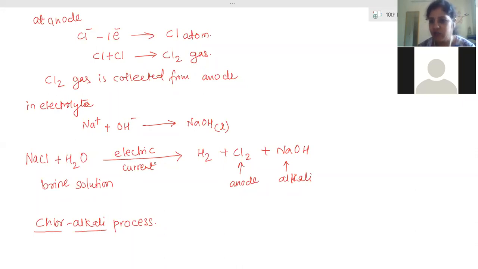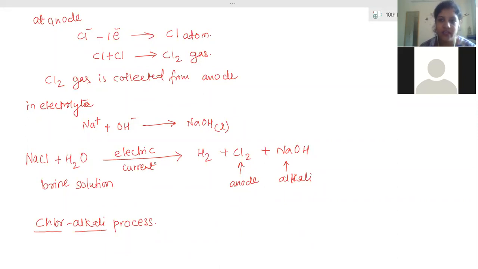A question is always asked on this reaction: what is the chlor-alkali process? Write the chemical reaction and name the gases obtained at the cathode and at the anode. Here you will lose marks if you don't write electric current in between.